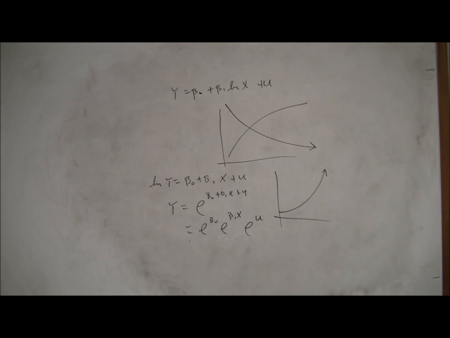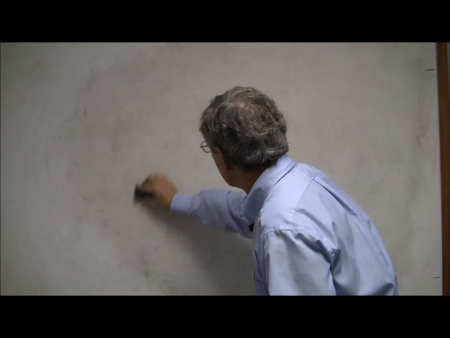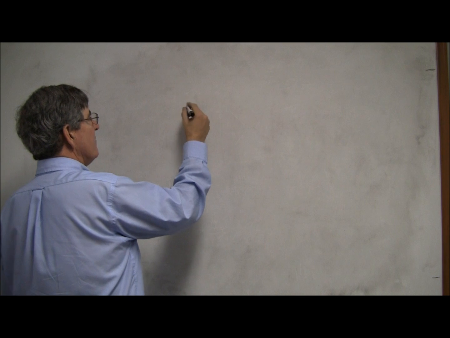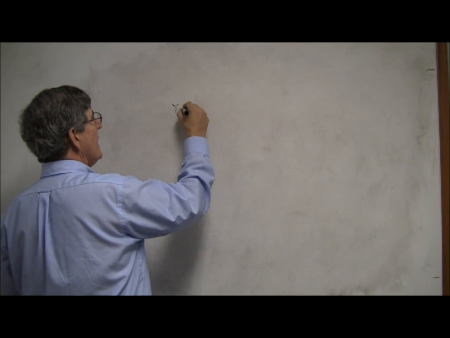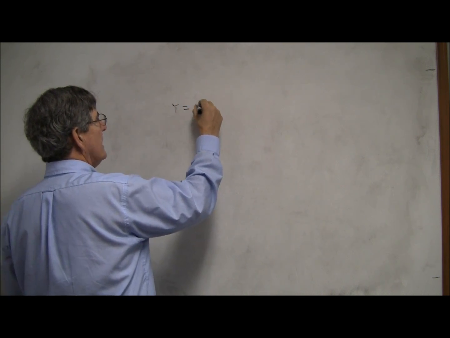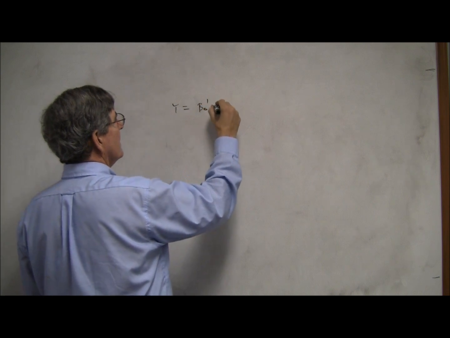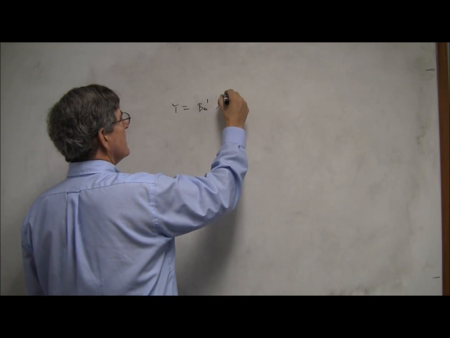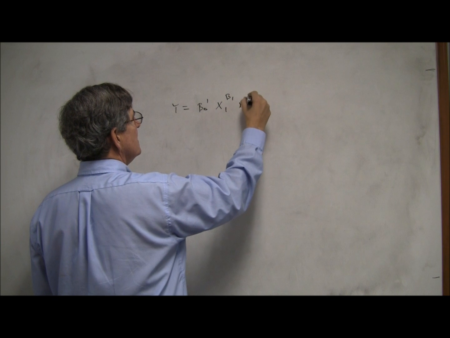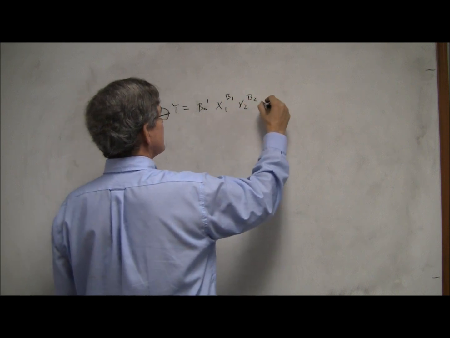And the third case is really, remember we started with a Cobb-Douglas production function? That third case, the log-log models, is when you have multiplicative relationships. So I have y equals beta 0 prime x1 to the beta 1, x2 to the beta 2, and so on.